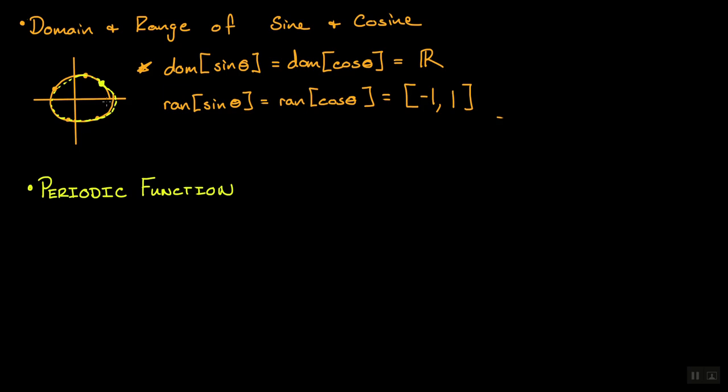Okay, when we define our periodic functions, we're going to say that a periodic function is simply a function for which, do you guys remember the symbol for there exists?